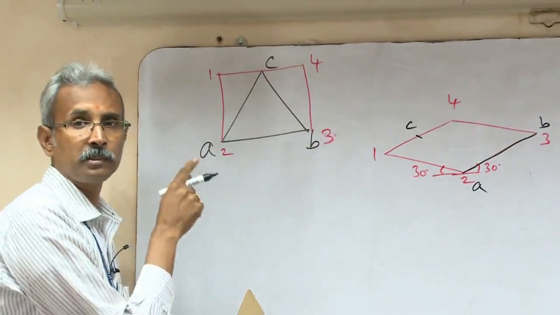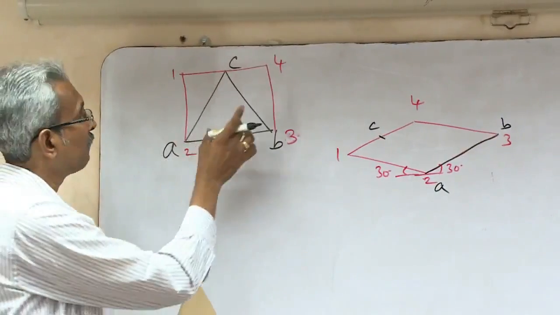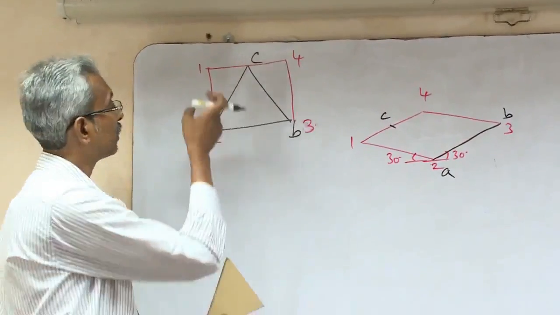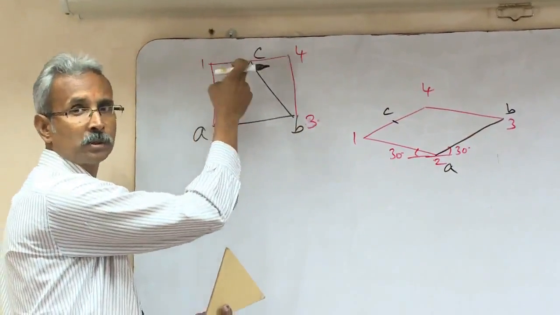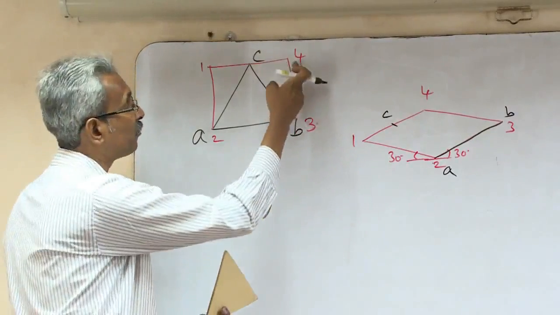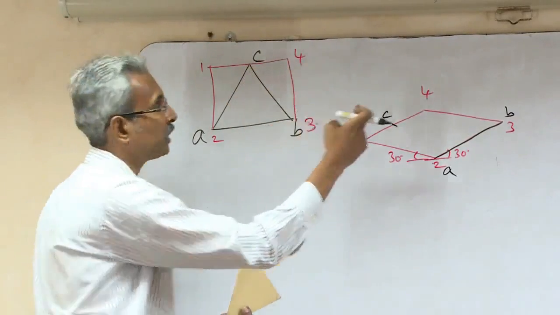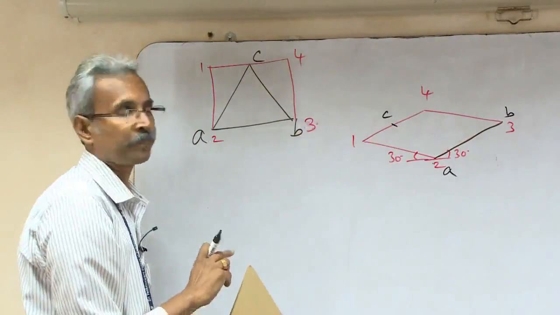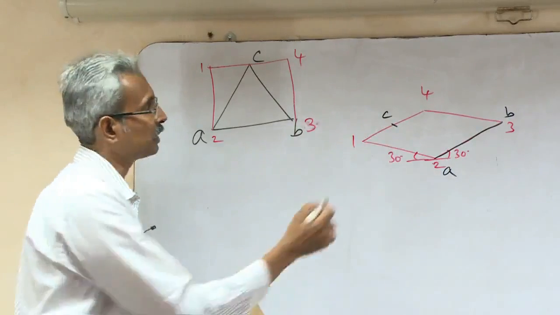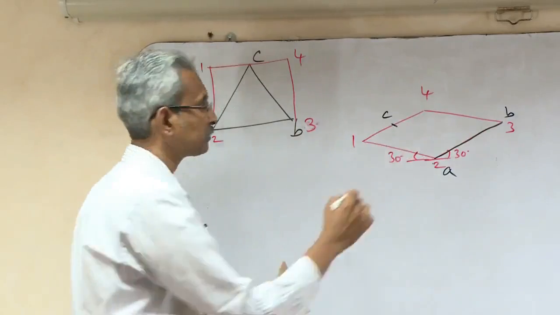Remember, this is an equilateral triangle, so you can measure from here or here, both will be the same. Otherwise, if you are measuring from 1 to C, measure from 1 to C. Instead, if you are measuring from 4 to C, you have to ensure that you are measuring from 4 to C. Right? Now having located C, all that I need to do is connect C with A and B.